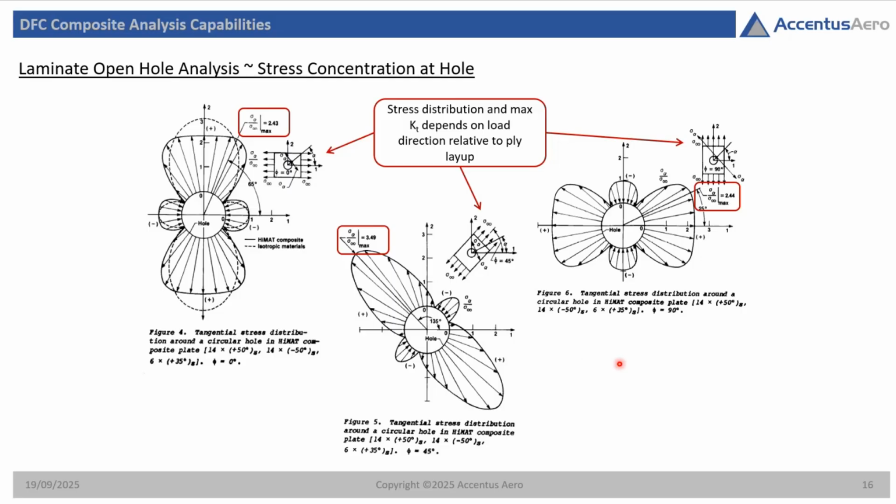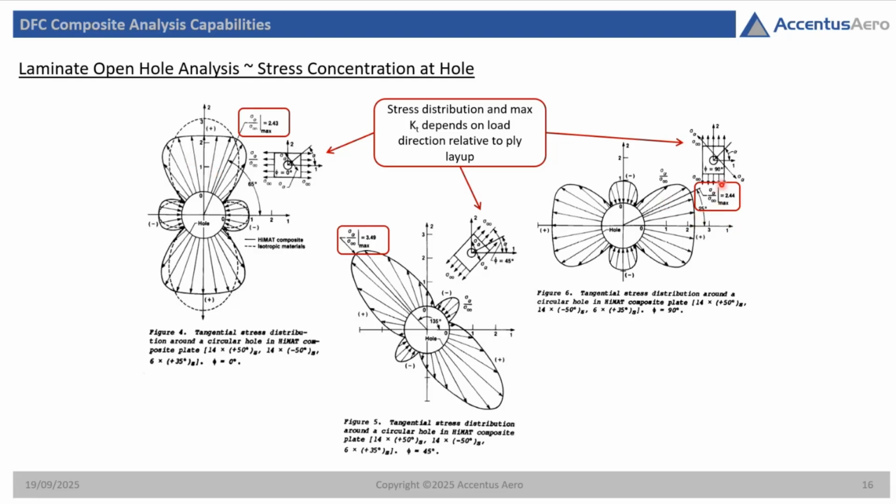Typically your stress concentration is a function of your layup and the direction of your load applied relative to the layup directions. In this case, if the load is applied at a 90 degree angle, you get a stress concentration of 2.44, and your load distribution around the hole typically looks something like that.